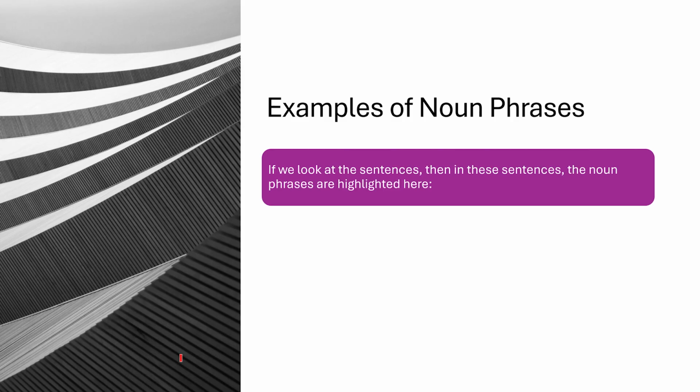If we look at the sentences, the noun phrases are highlighted here. In the sentence home ILC, the word home is the noun phrase. Next sentence, Mohan ILH, the word Mohan is the noun phrase.